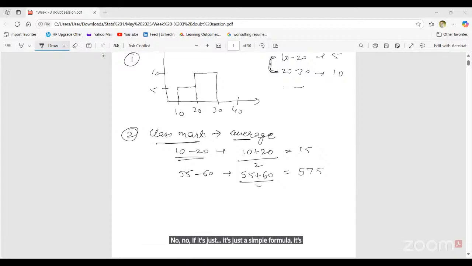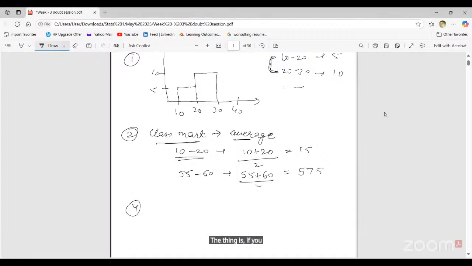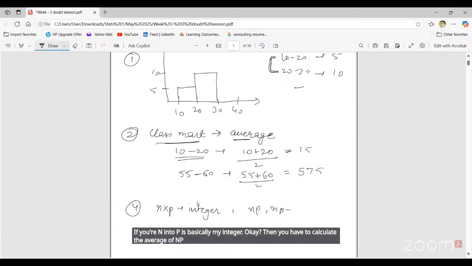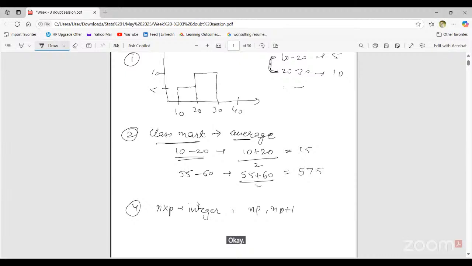If your n into p is an integer, then you have to calculate the average of the np-th and the (np plus 1)-th observations. If your n into p is not an integer, just take the next number greater than np.